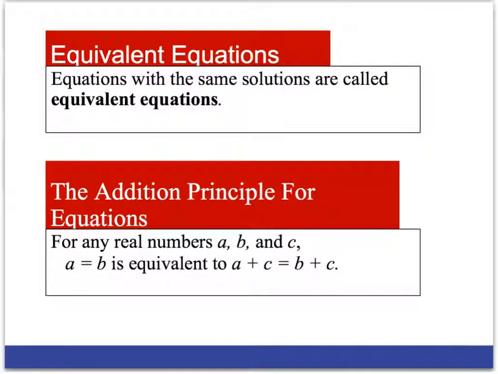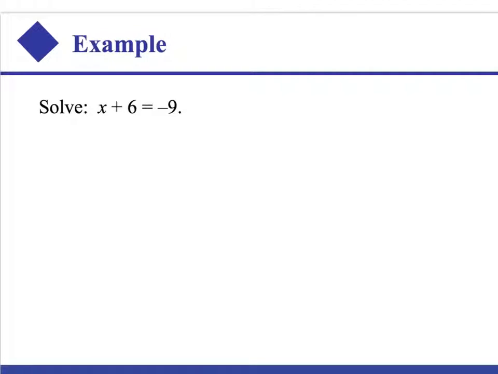Equivalent equations. Equations with the same solutions are called equivalent equations. And then the addition principle for equations: for any real numbers a, b, and c, when you have a equals b, if you add c to it, you have to do it on both sides. I think of that as equal opportunity. What you do to one side, you have to do to the other side. So we're going to work this one.